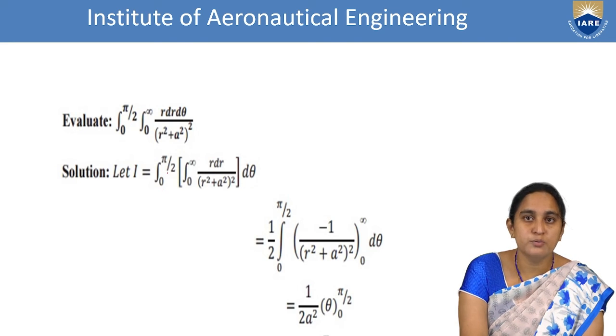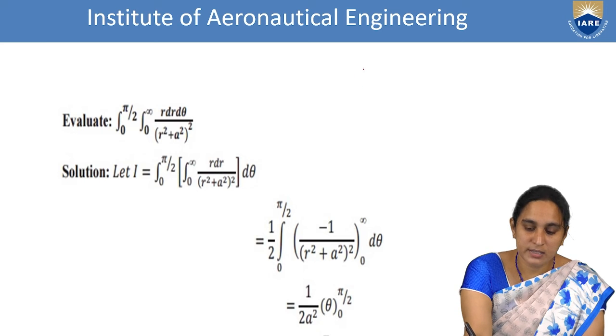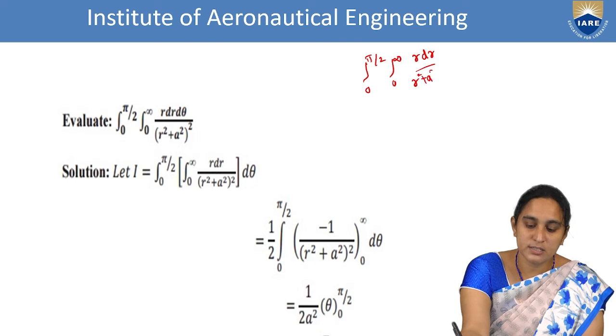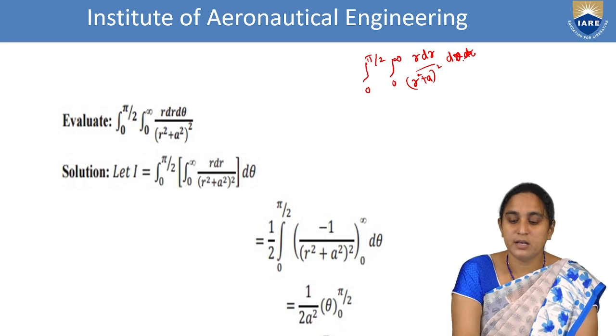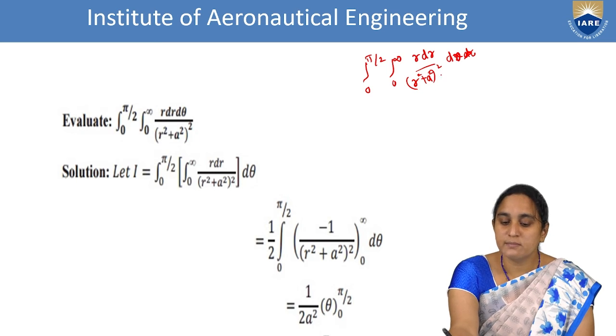I is equal to integral 0 to pi by 2, integral of 0 to infinity r dr by r square plus a square whole square d theta. From that, first I am integrating with respect to r. Is there any direct formula for r by r square plus a square whole square dr?